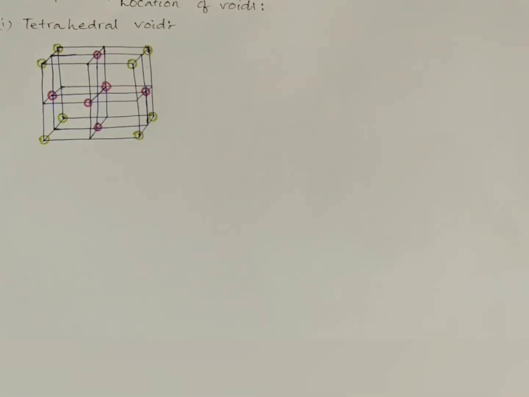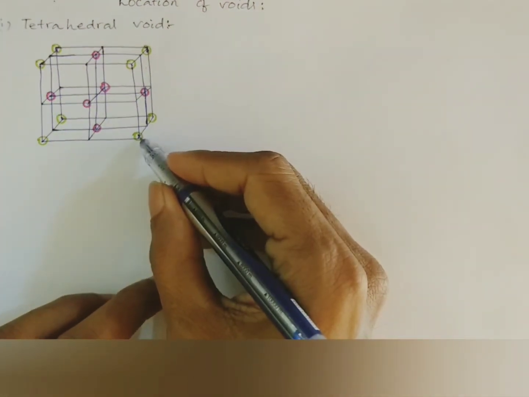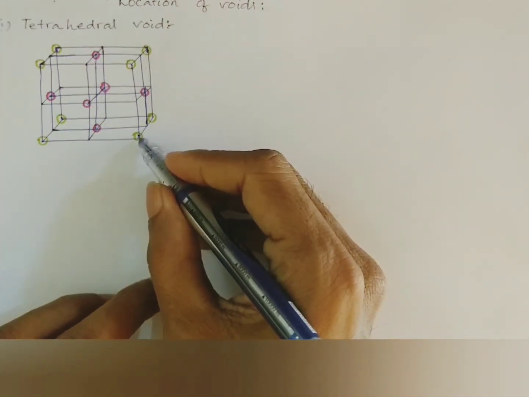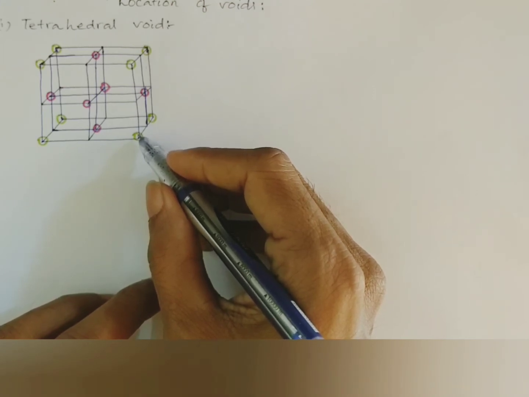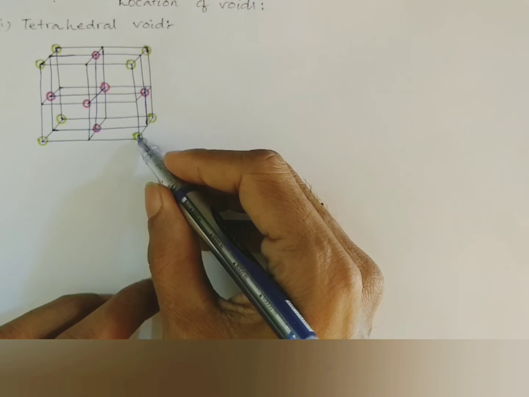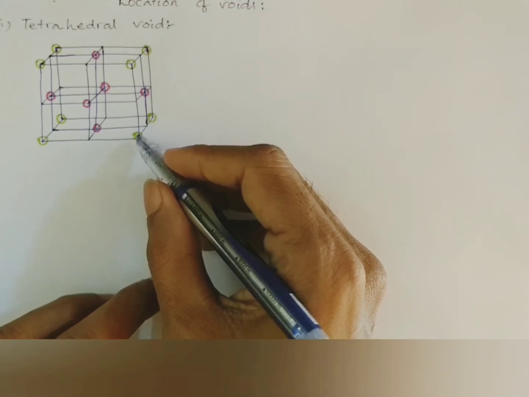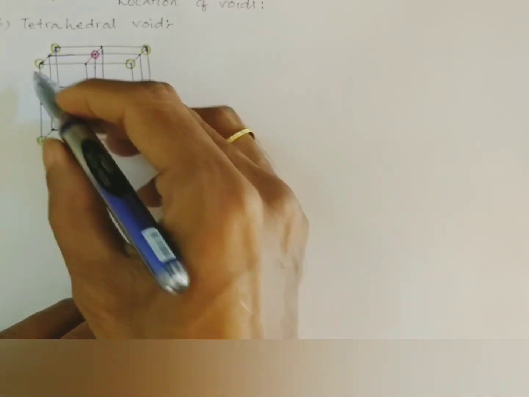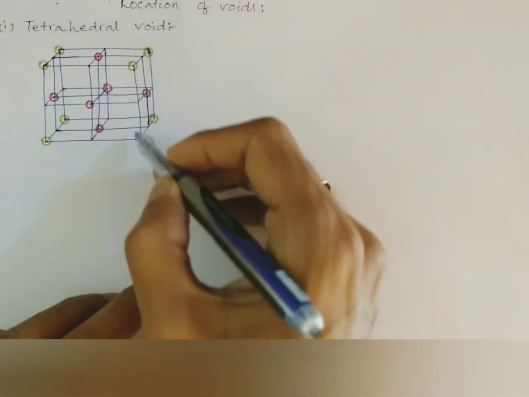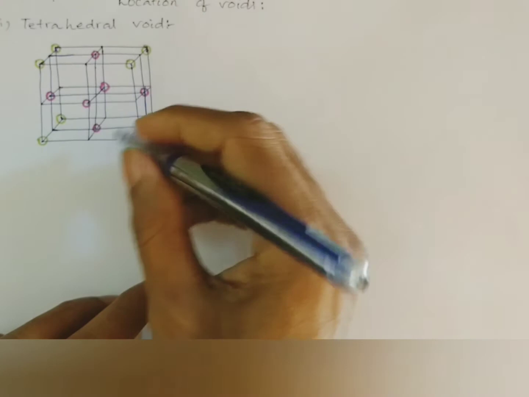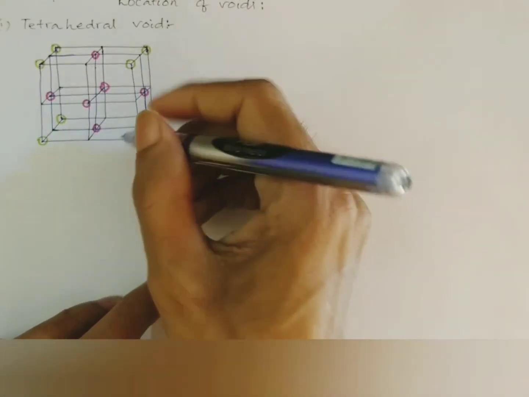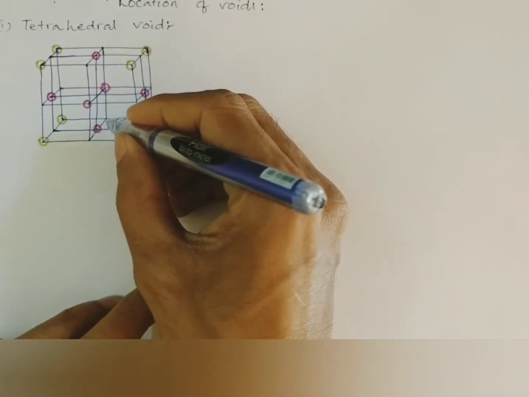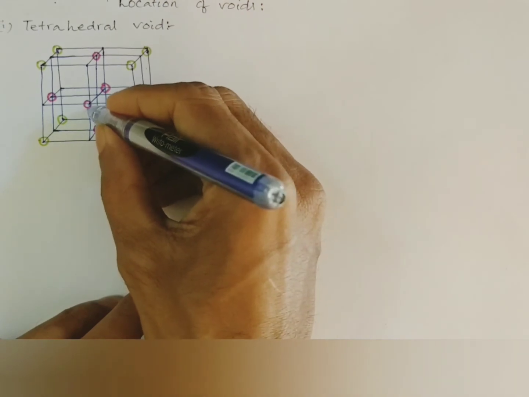A tetrahedral void is created by 4 atoms. So the atom present in the corner, along with 3 atoms present in the faces, will form a tetrahedral void. What are the 3 adjacent faces? This is one face, this is the other face, and one more is the front face. So this will form a tetrahedral void.